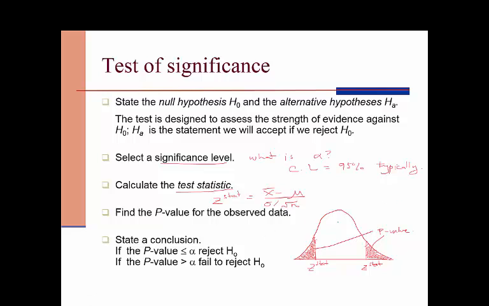Now, suppose I draw an alpha, which is the blue shaded area, and it's somewhere down here, area to the left of that, and you have an area to the right of that.